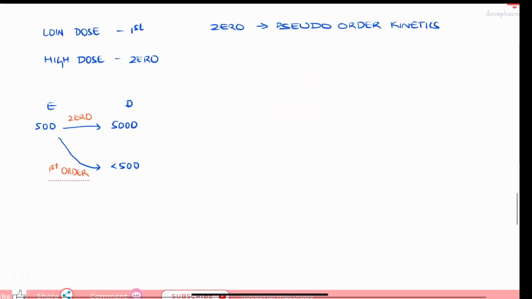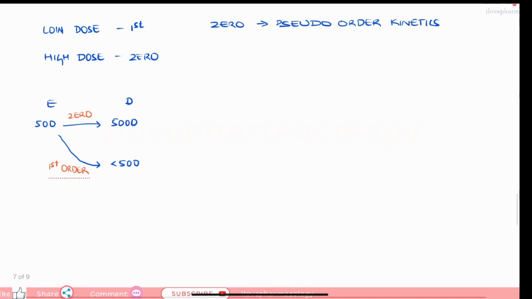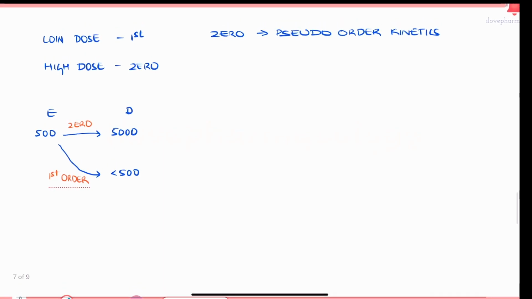So in low doses, the majority of drugs follow first order kinetics. At higher doses, when the enzymes get saturated, the drug follows zero order kinetics.